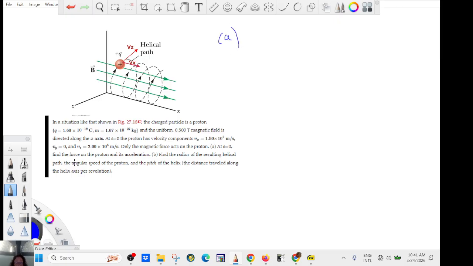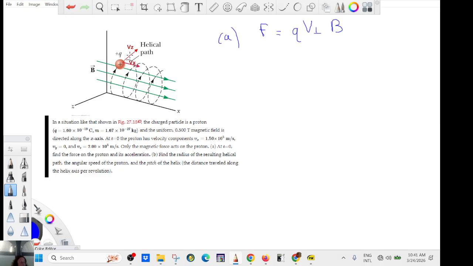find the force on the proton and its acceleration. So the force is the magnetic force, right? The magnetic force equals Q, the component of velocity perpendicular to B, times B. Velocity has two components.